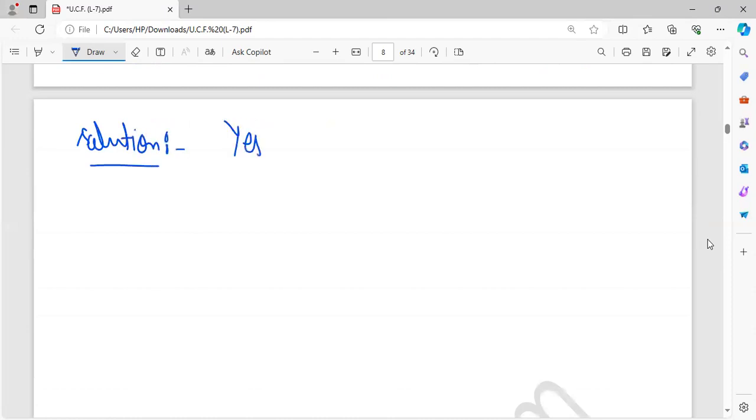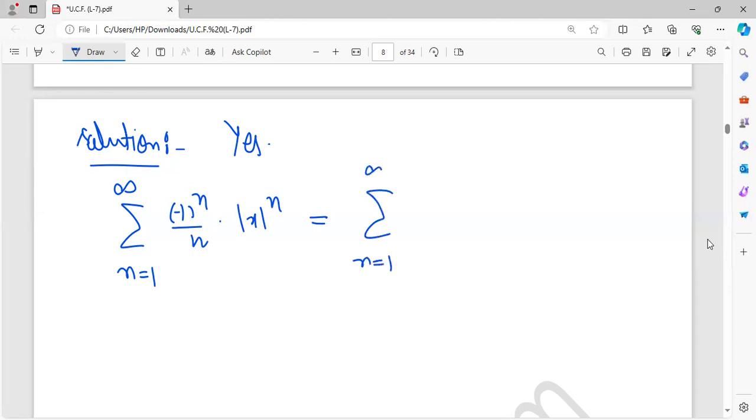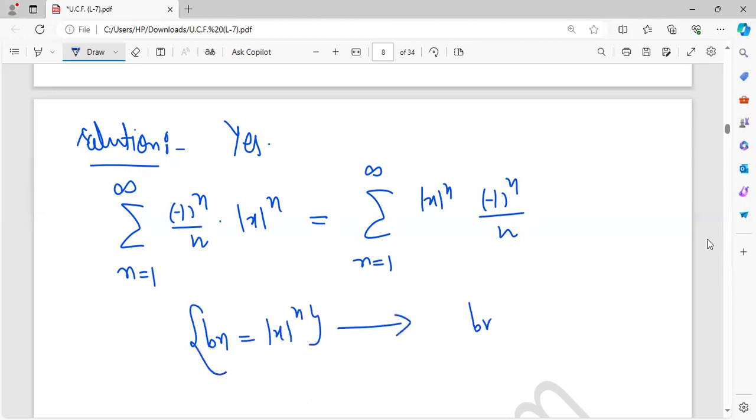Why? You see this. So I will take b_n(x) equal to |x|^n. Now b_n(x) is non-negative, okay, because this is an absolute value.